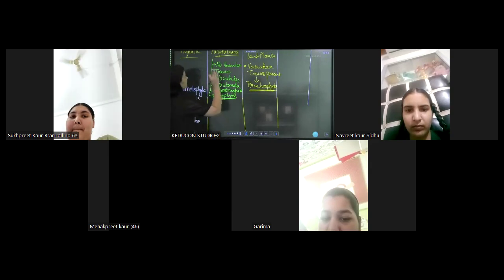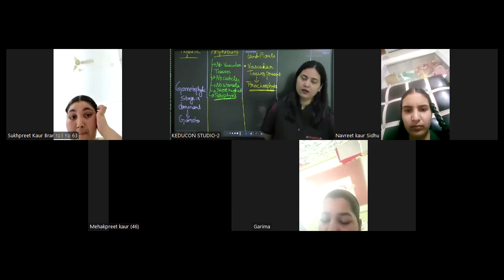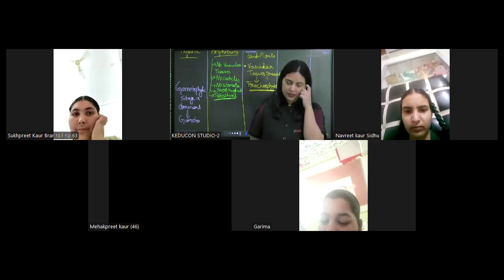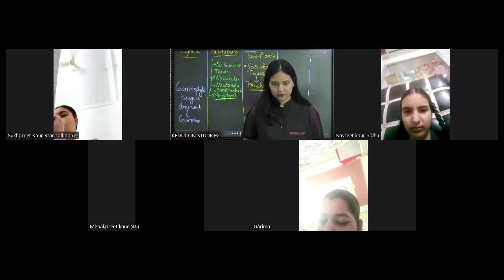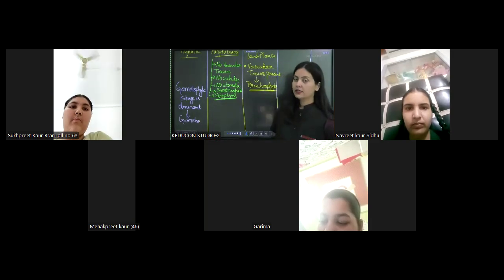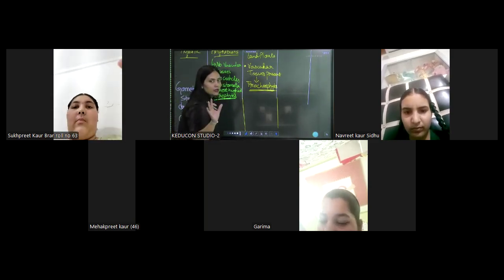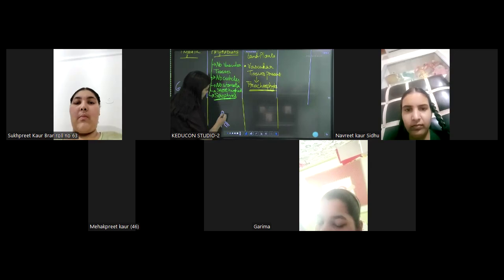Now tell me, in bryophytes which stage is dominant, gametophytic or sporophytic? Gametophytic. Although it has a sporophytic stage also, gametophytic is dominant. Let's understand this. They have rhizoids and a stem-like structure here.